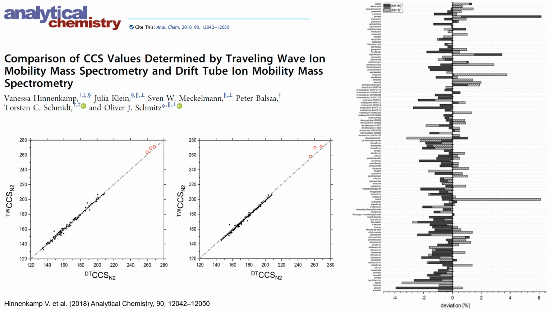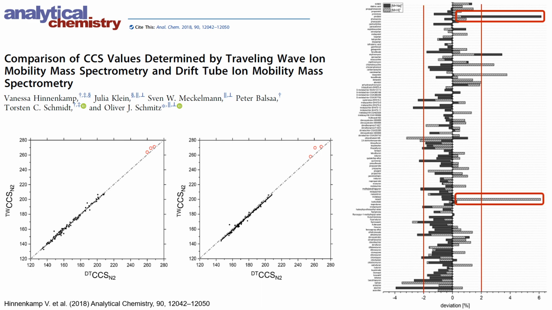They monitored the protonated and associated adducts and found deviations below 1% for most substances. However, some compounds show deviations of up to 6.2%, which indicates that CCS databases cannot be absolutely used independently from the instrument type.